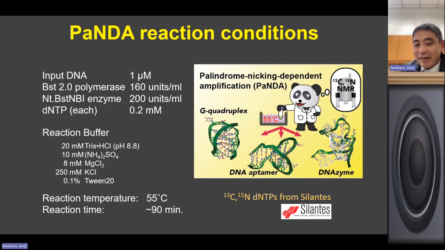We tried some other approaches using different nicking strategies, but this enzyme works the best. And the reason could be that maybe competition between the polymerase and this enzyme occurs to a lesser degree. I don't know, that's just speculation, but depending on the enzymes, the efficiency of the amplification is quite different.